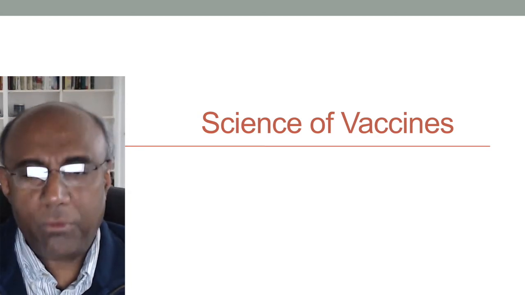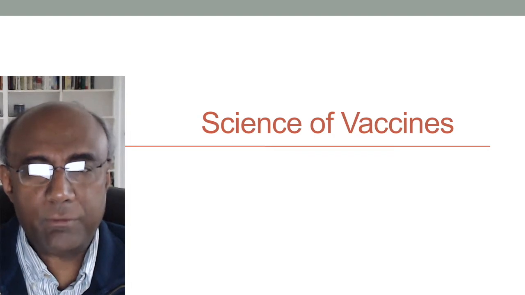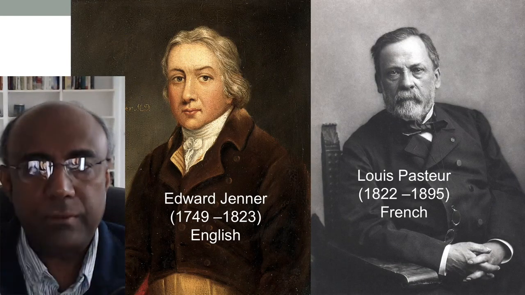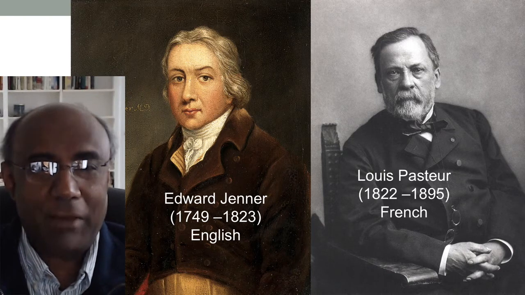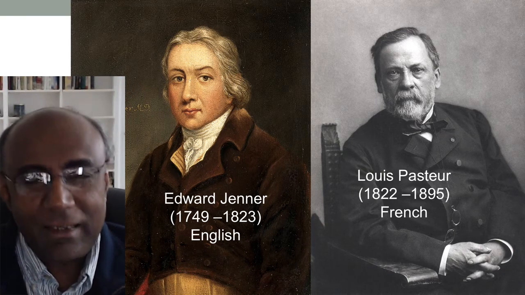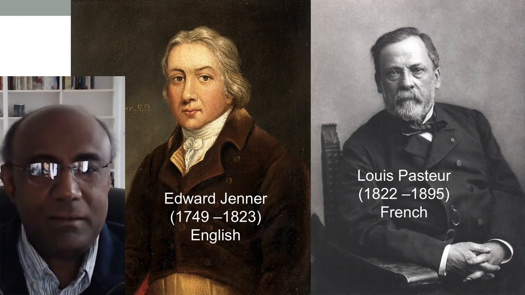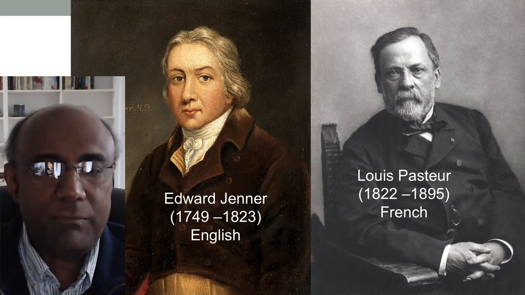Okay, so before we talk about the science, let's talk about a little bit of the history of this. And here are these two fine gentlemen. You may have heard of them, and they are considered the people who first developed vaccines.